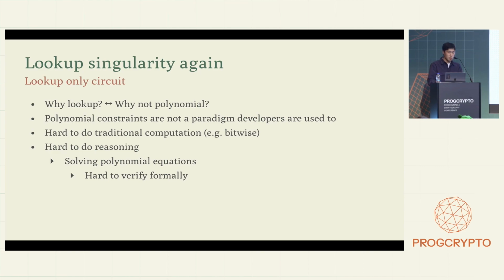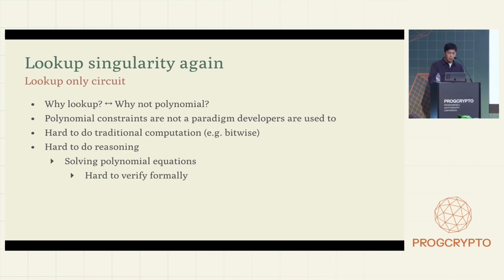So let's get back to lookup singularity again. Many people ask, why do we need more lookups? I think it is quite a similar question to why we don't want to use polynomial constraints in the circuit. There are several reasons. Polynomial constraints are not a paradigm that developers are used to, and it is hard to do traditional computation, such as bitwise operations, as Dohoon mentioned before.